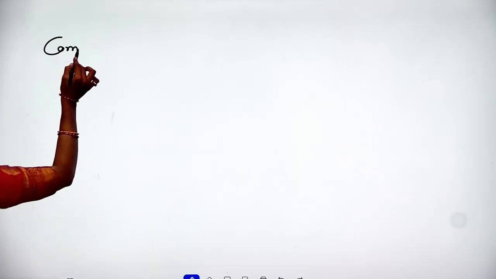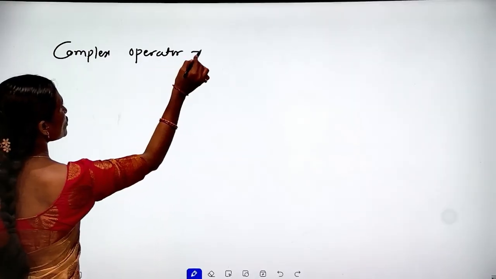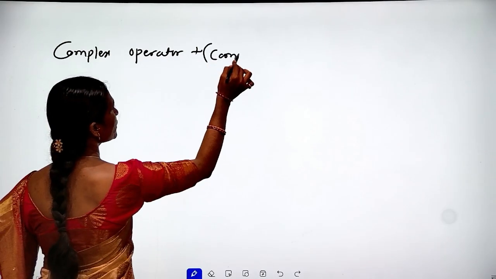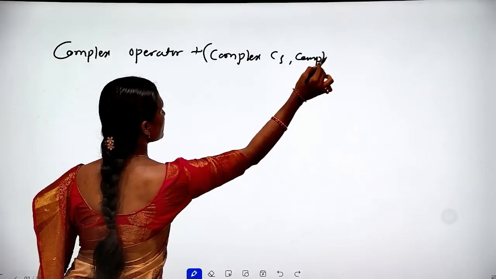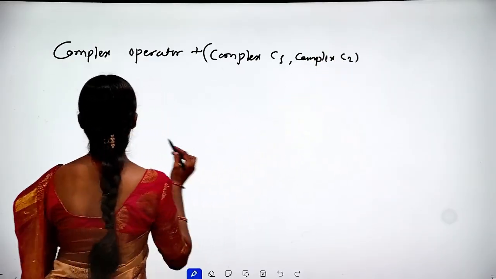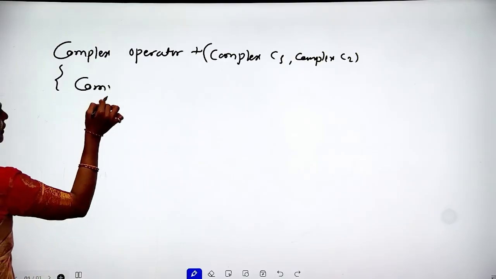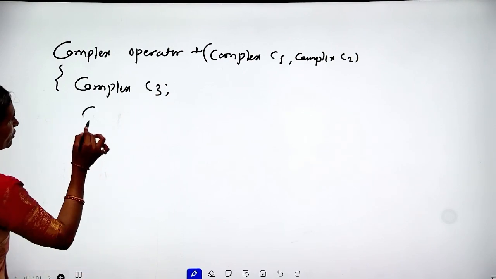So how to overload now? We have to write the return type as Complex, the name of the class itself. Then the operator. Which operator are we overloading? We are overloading plus, where Complex C1 is one object and Complex C2 is another object. I will create one more for the calculation, Complex C3. So what we have to do now?